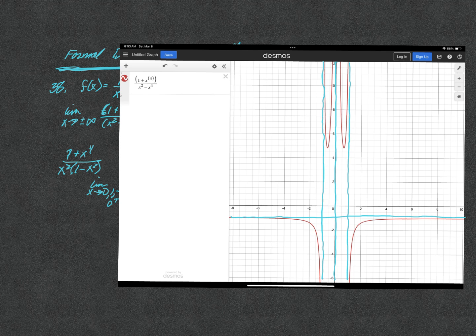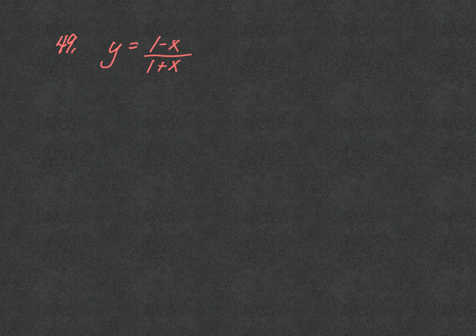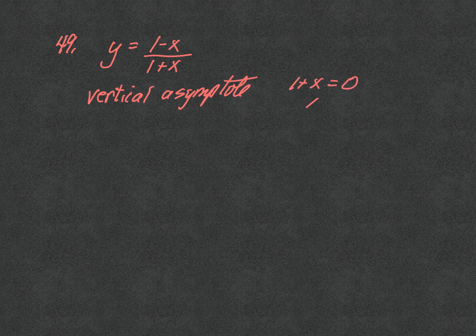Okay, let's go to another problem. So on this problem, they just want you to graph it. They want you to do increasing, decreasing, and then also do the asymptotes. So I want to do that as well. So I'm going to start off with the usual stuff. So the vertical asymptote is going to be where 1 plus x equals 0, the denominator.